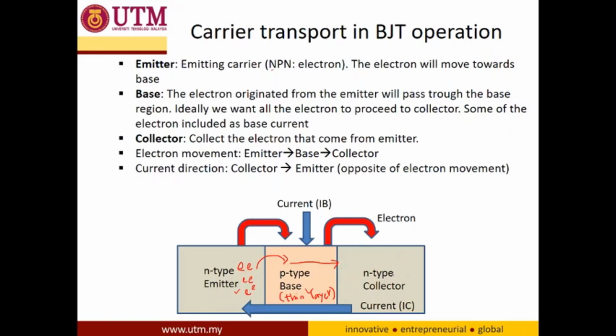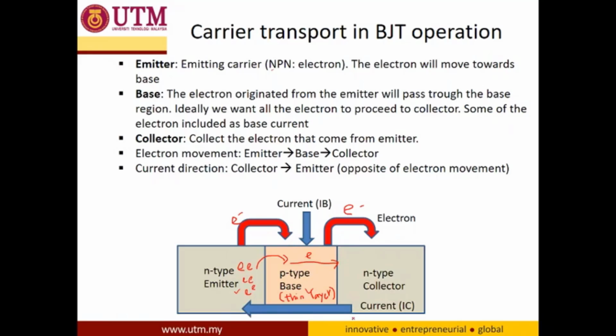The last region is the collector. Collector is the place where the moving electron is collected. That's why this is called collector. See the red arrow, which is the movement of electron. So electron goes from emitter to base, and then from the base to the collector.